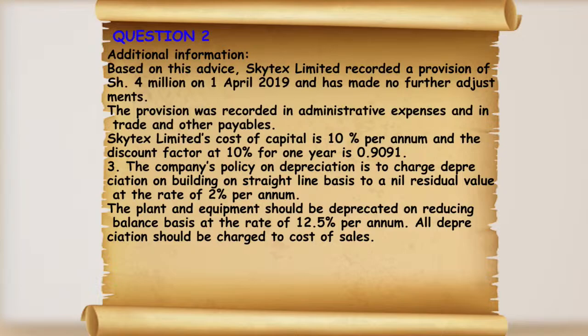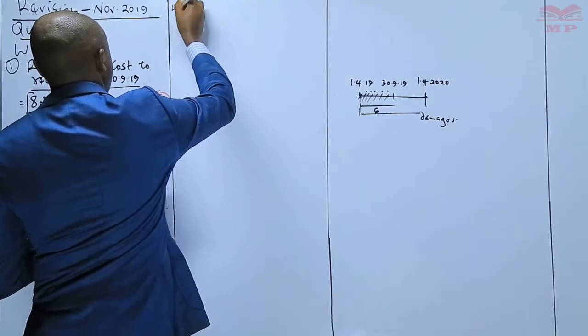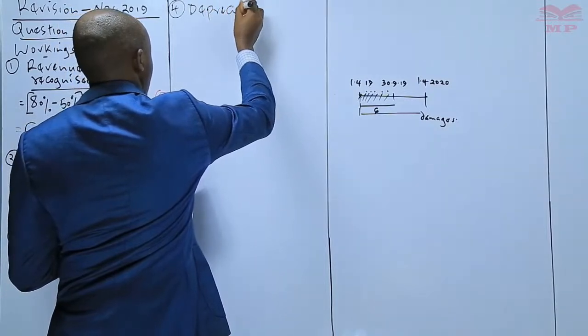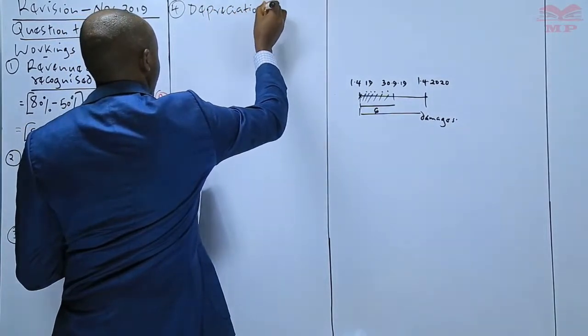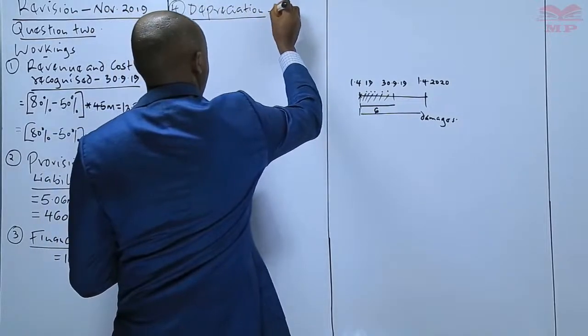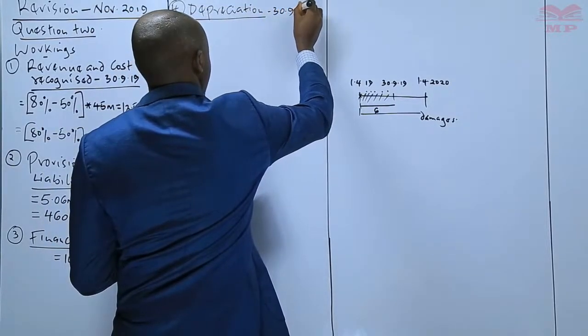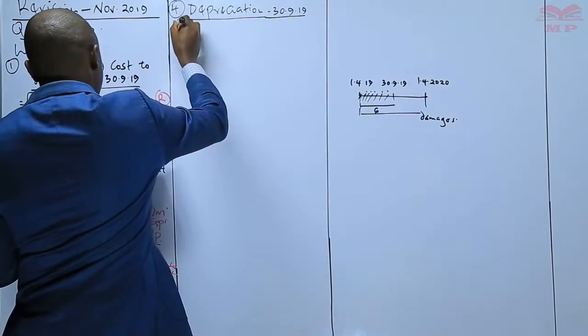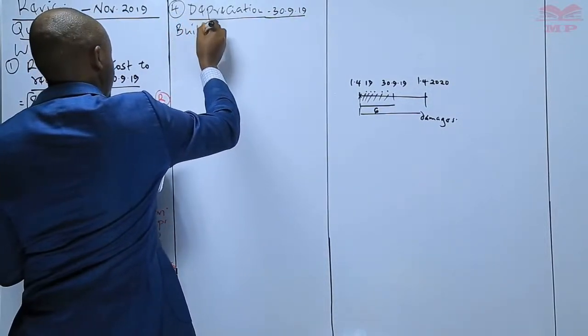So what we need to do is to have a working for this. We need to compute the depreciation for the current year. The current year, we have to remember, ended 30th September 2019. First, we compute the depreciation on buildings.